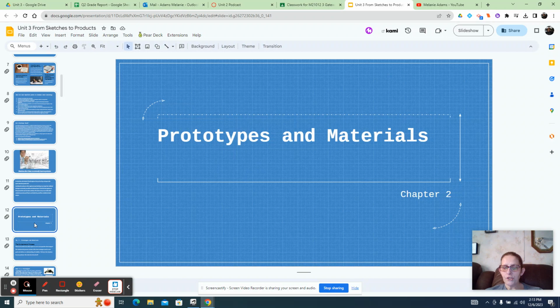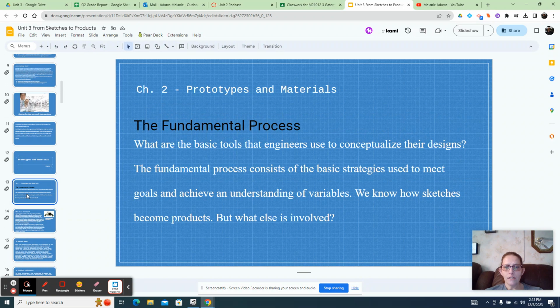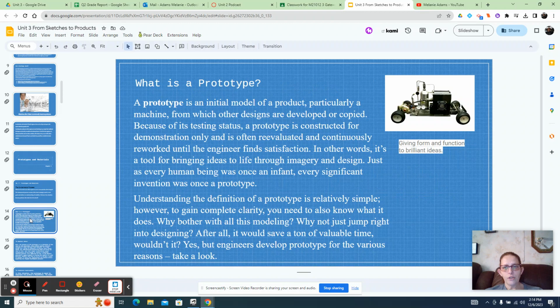Prototypes and materials is chapter 2. In this one, you're going to learn the fundamental process, basic tools that engineers use to conceptualize their designs. The fundamental process consists of basic strategies to meet goals and achieve understanding. How sketches become products. What you're going to do is figure out what a prototype is. Basically, a prototype is an initial model of a product. It is usually a machine of some sort.